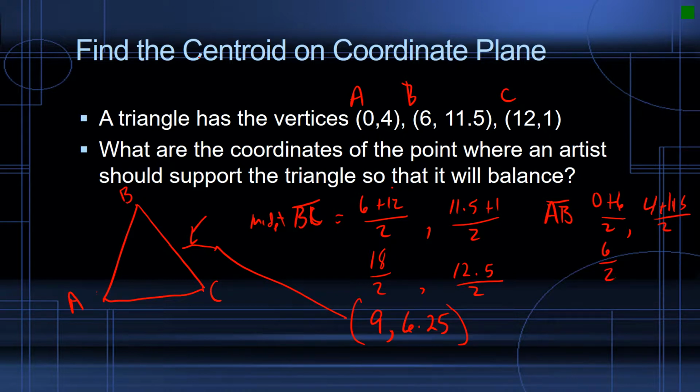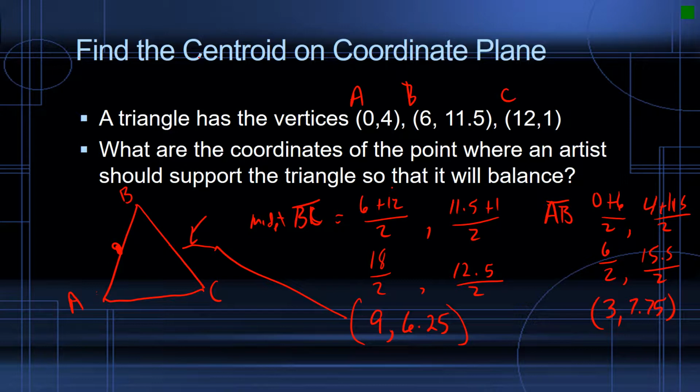So we got 6 over 2, comma, 15.5 over 2. And the coordinate of that midpoint is going to be (3, 7.75), and that's the midpoint right here of this line over here.